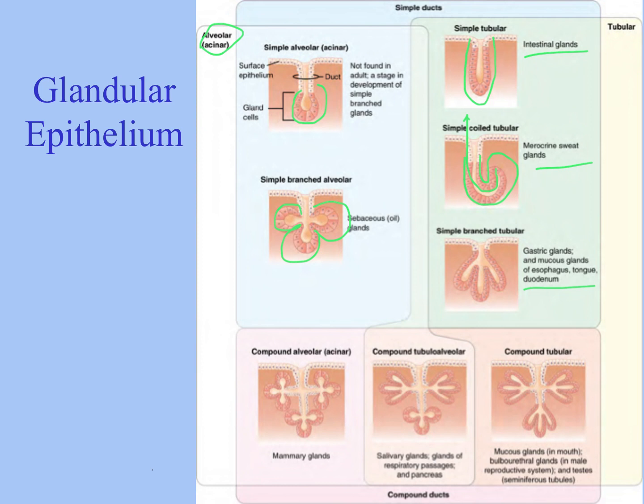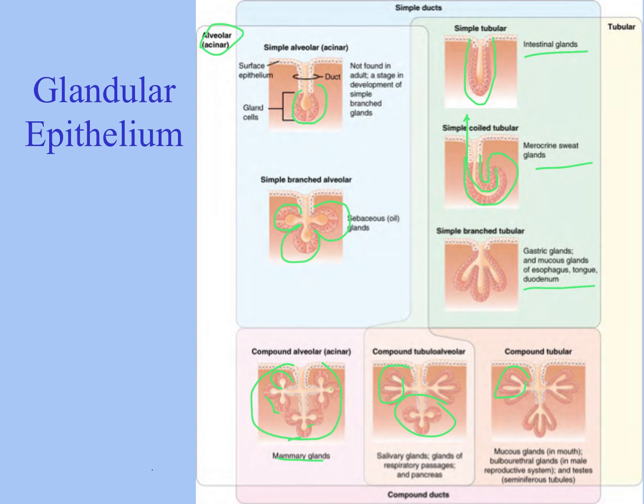And finally, you'll have your compound glands, which can either be compound alveolar. Notice that there are multiple grape-like clusters here. Typically you'll find those in mammary glands. Or a mixture of tubular plus alveolar, which you'll find in salivary glands and some in respiratory passages.